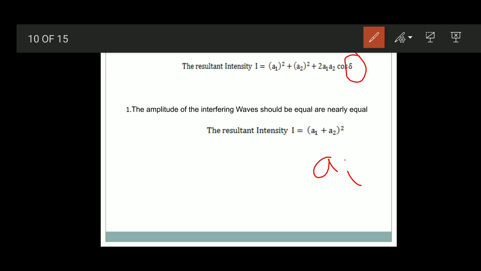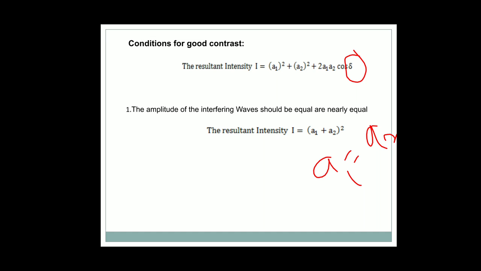That is, if A1 is equal to A2, the intensity is maximum for constructive interference, that is I is equal to (A plus A) whole square, that is (2A) square, 4A square. So 4A square is the maximum intensity of the bright fringe. For destructive interference, A1 minus A2 is 0, so the resultant intensity is 0, so we can see bright and dark fringes accurately.